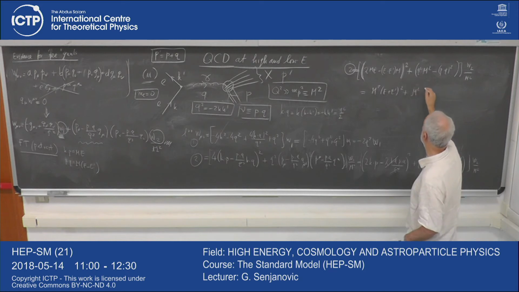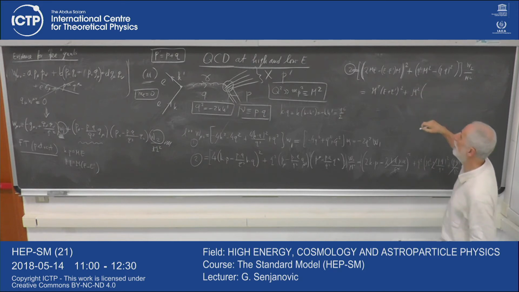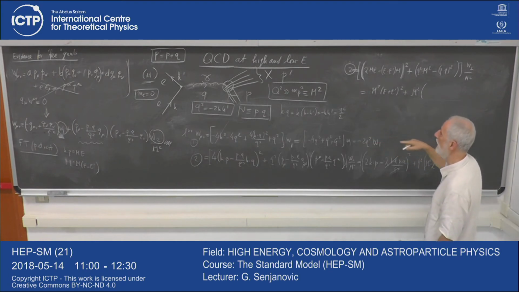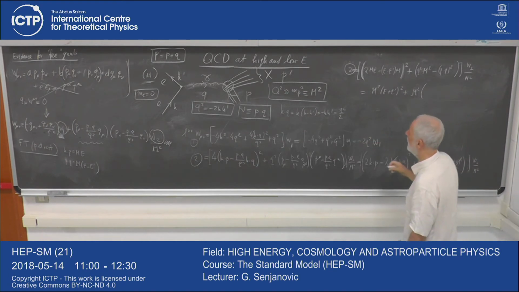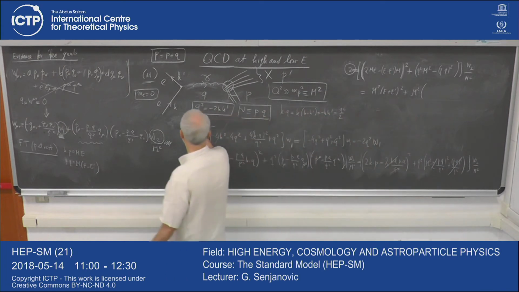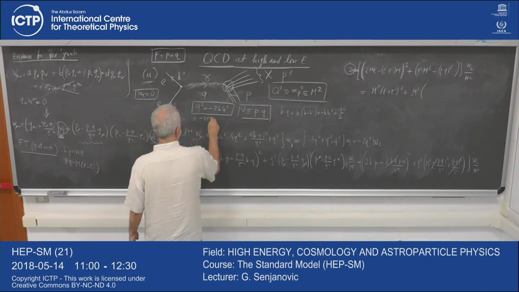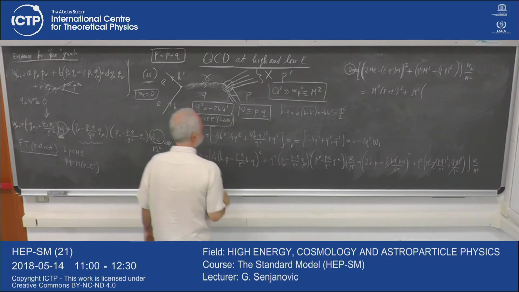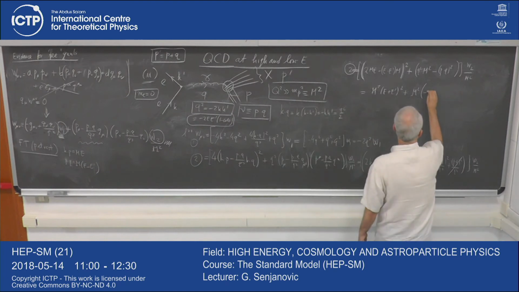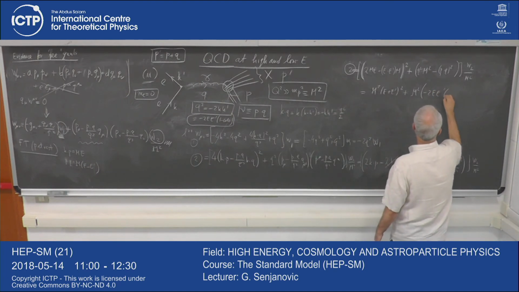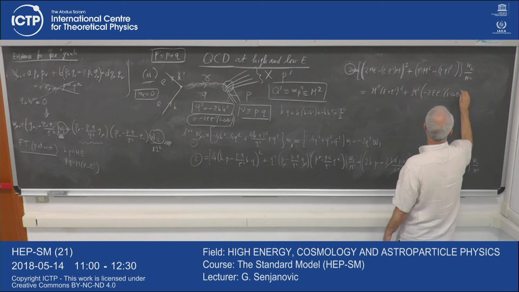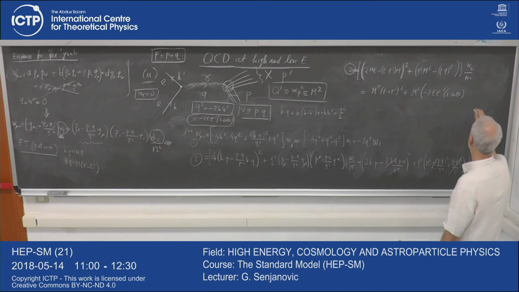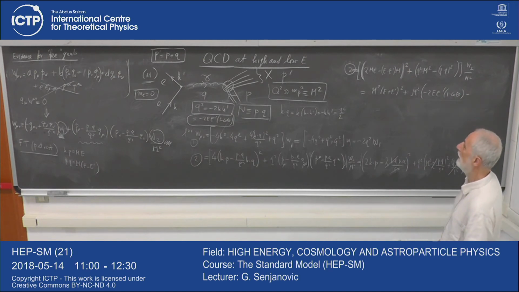Plus M square again is common here. Q square I computed, I commented this is minus 2 E prime, minus 2 E prime 1 minus cosine theta, minus, what is P times Q?